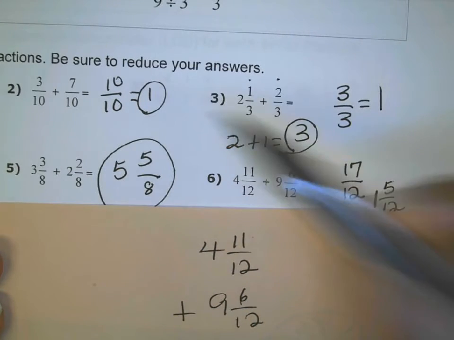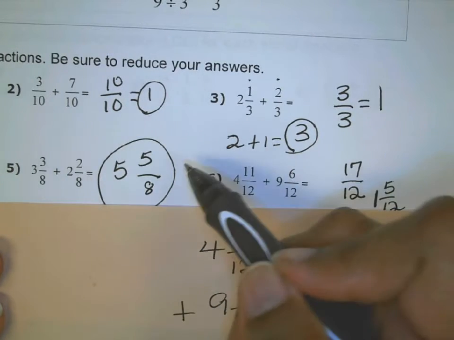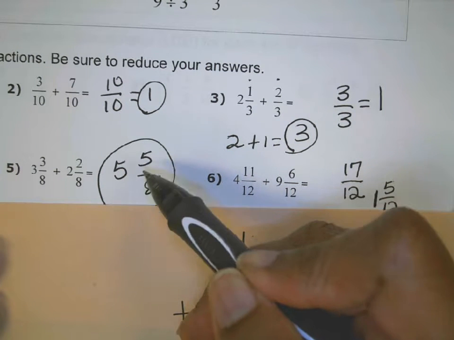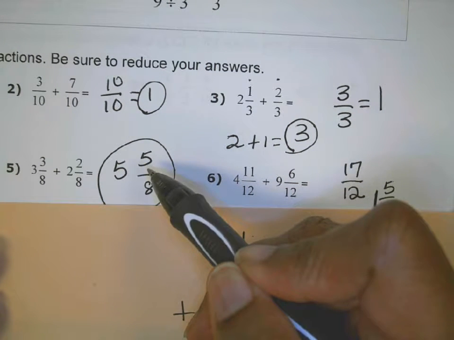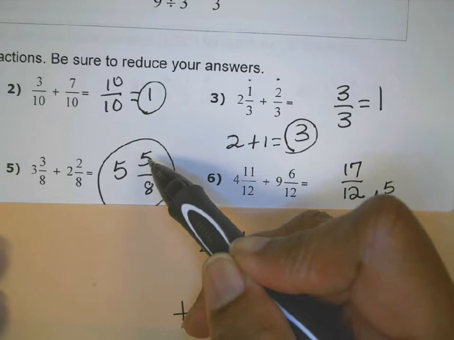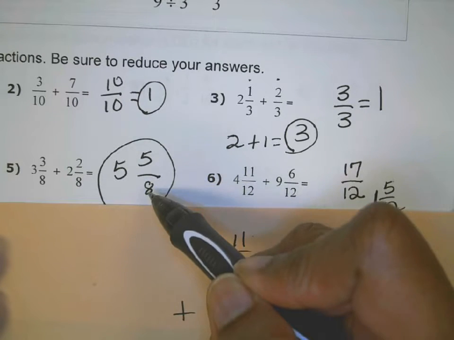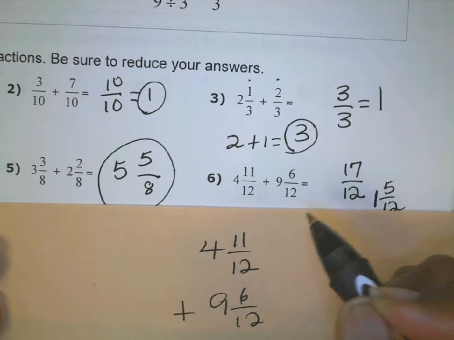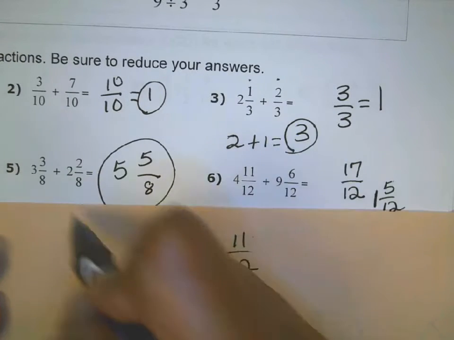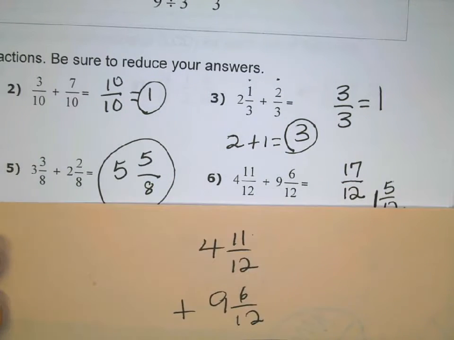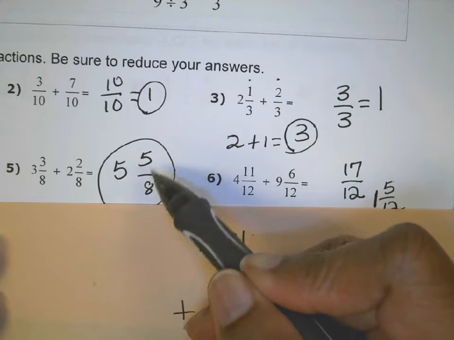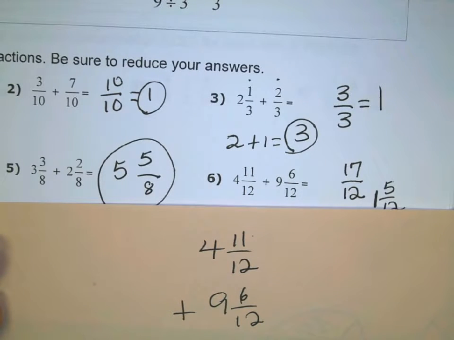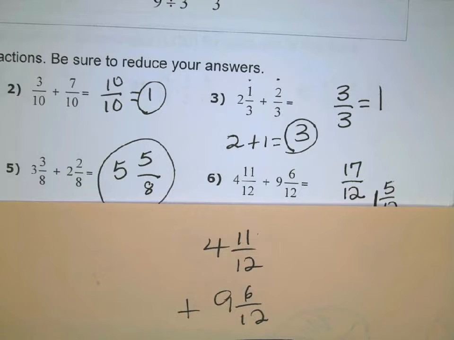And wait, listen, there is no other factor but 1 that will go into both 5 and 8. 1, you're done. This means draw that stop sign. You don't reduce anymore because only 1 can go into 5 and 8. This is how you know you're done. You can't reduce anything. It's a proper fraction, and I can't reduce. Can't do anything to that fraction.